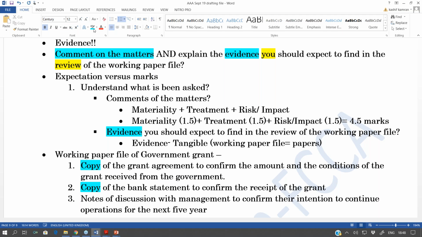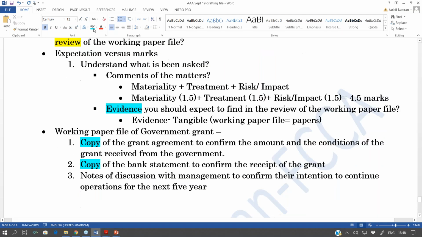So do you all agree discussion is a procedure? What evidence will we have for discussion in the file? Notes of discussion. So notes of discussion will become the evidence I will have in my working paper file.